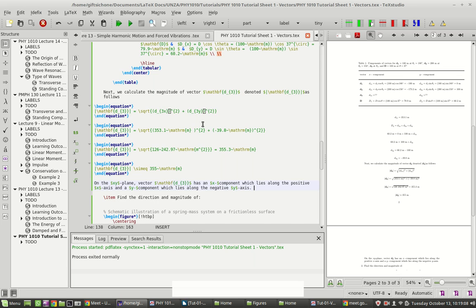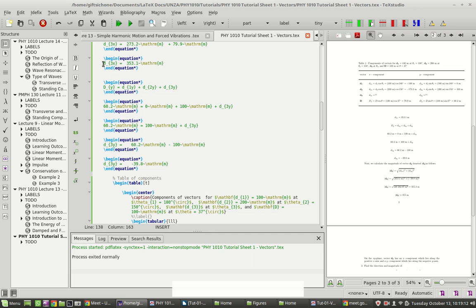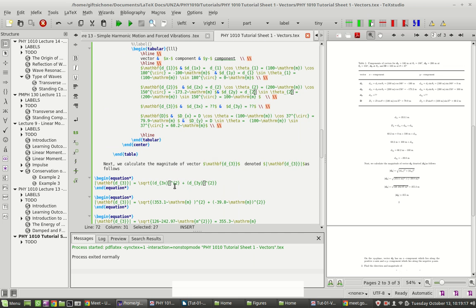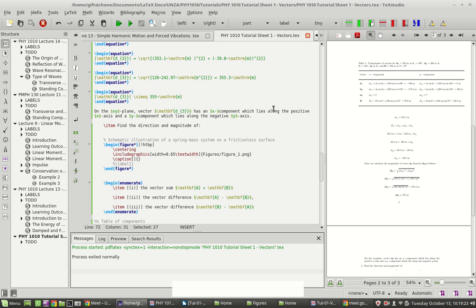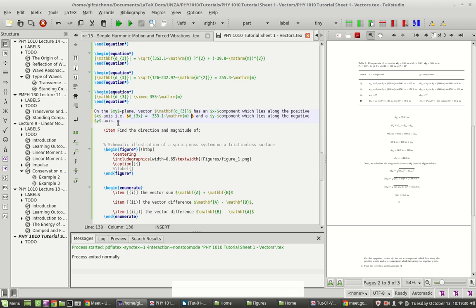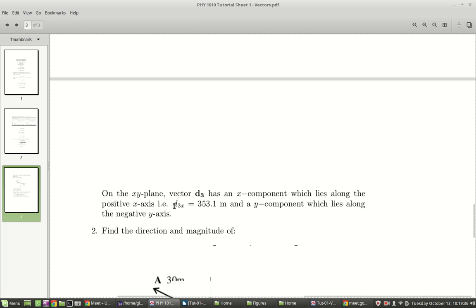The reason why we are saying that is because you can see this d3x is positive.